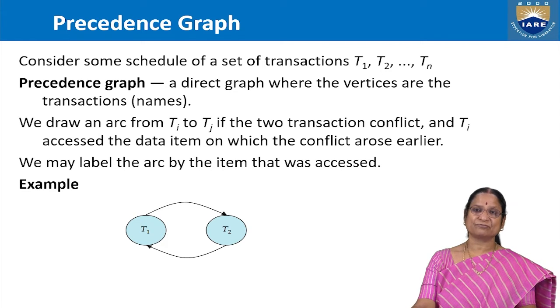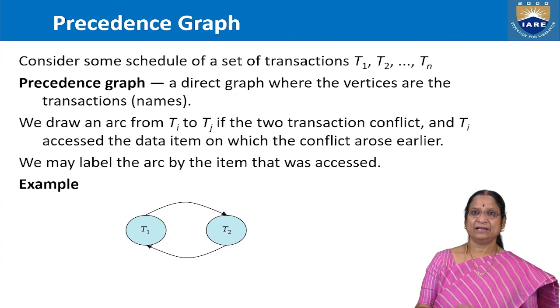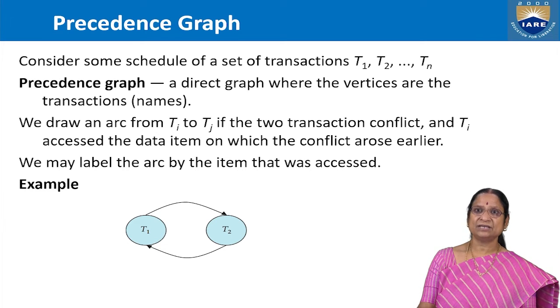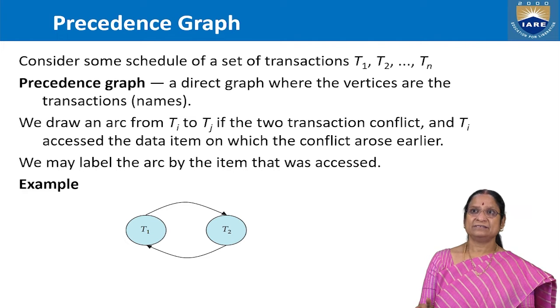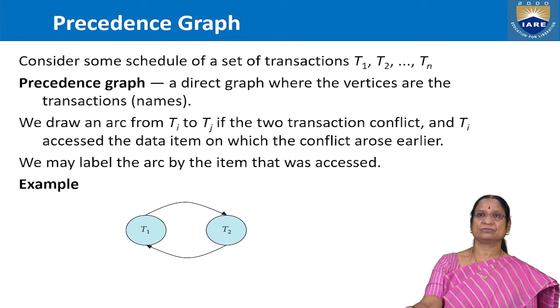So a precedence graph consists of nodes. Each node represents a transaction, and these nodes are connected by arcs such that if a transaction Ti is using the data which is updated by Tj, then there will be an arc from Ti to Tj.